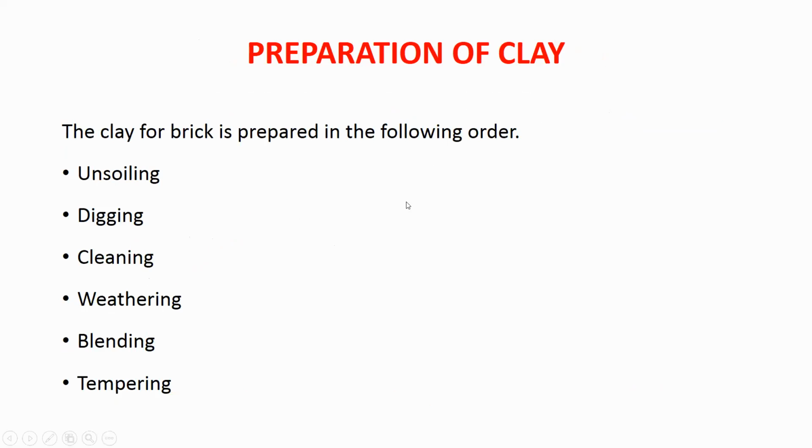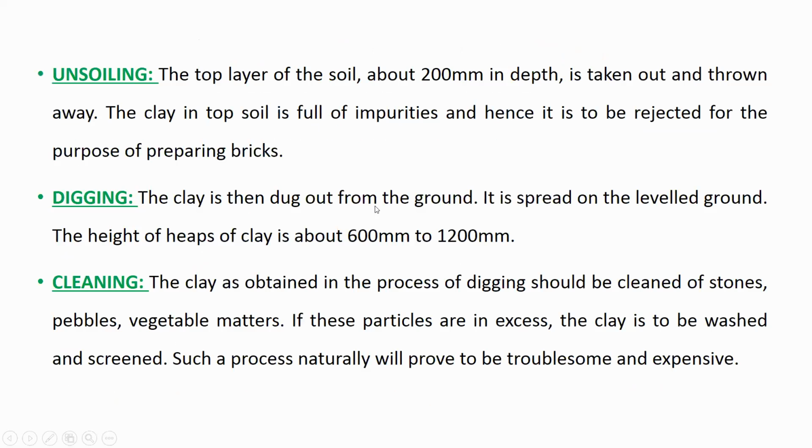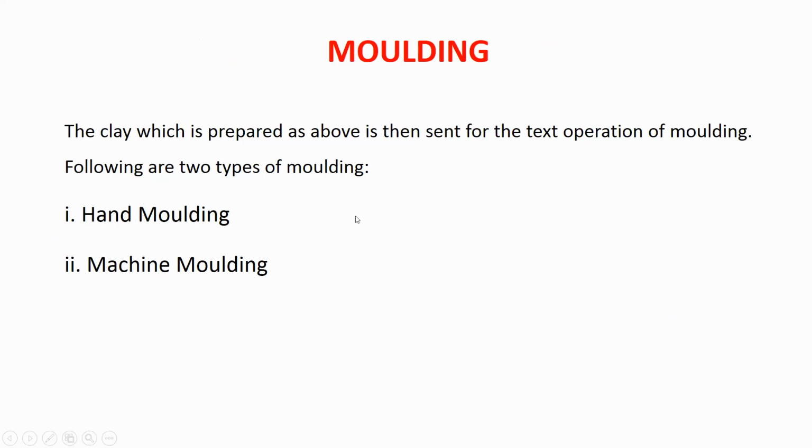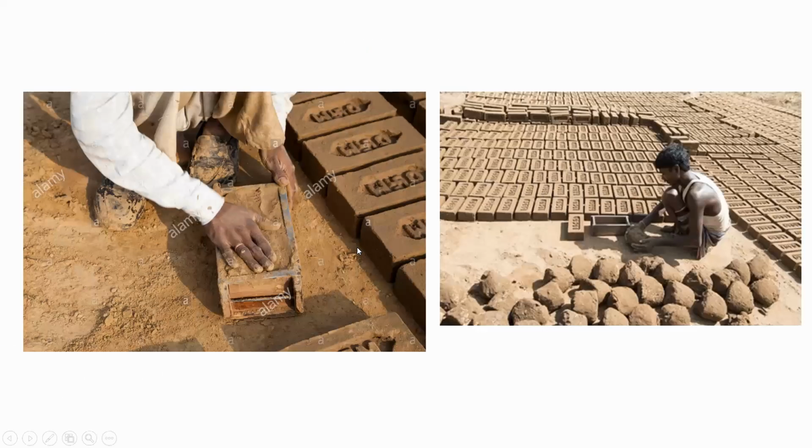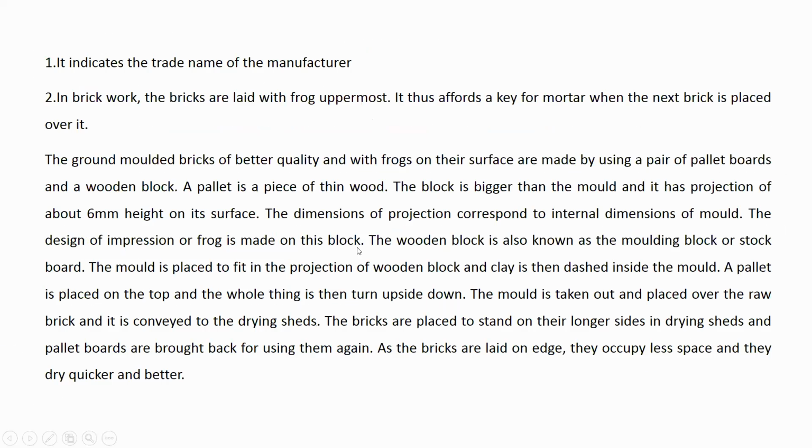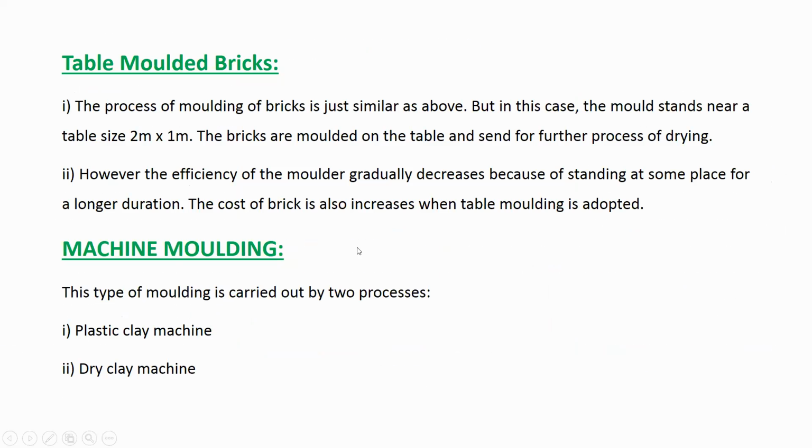In preparation of clay, these were the stages that we have discussed. In molding we have discussed hand molding. In machine molding, some part was remaining that we are going to discuss. Till here we have discussed hand molding, with ground molding and table molding.